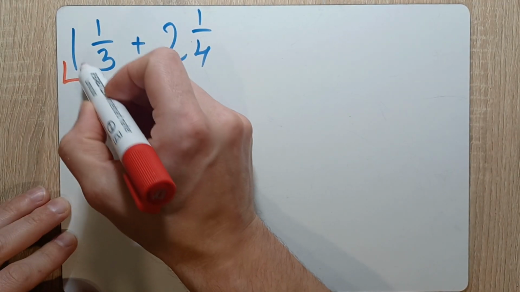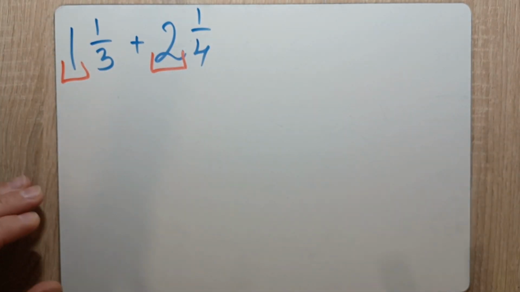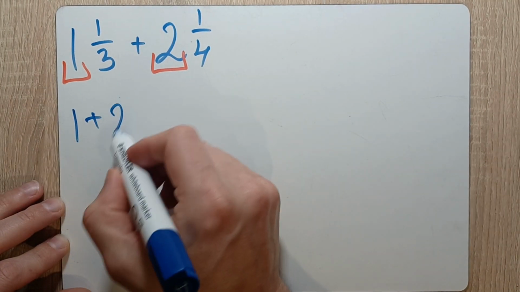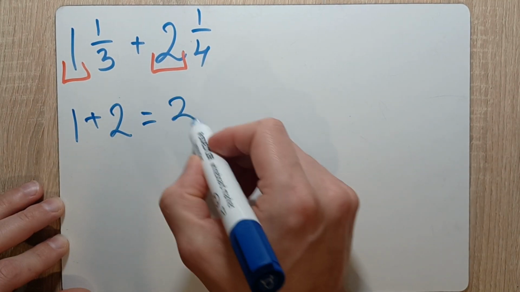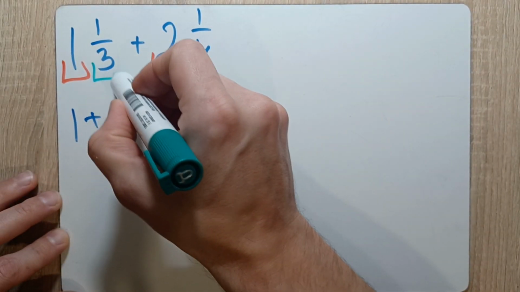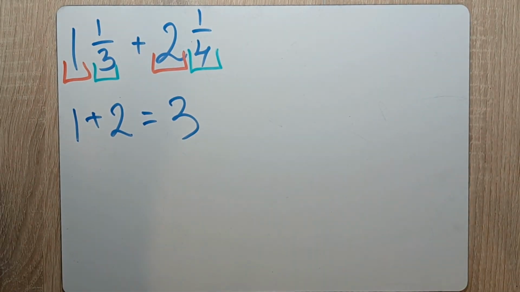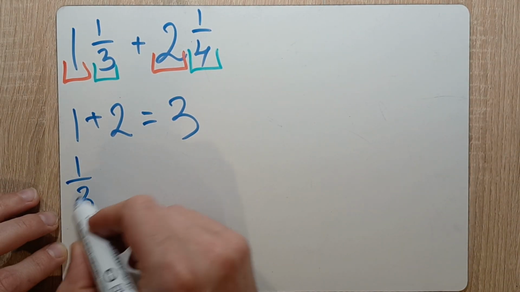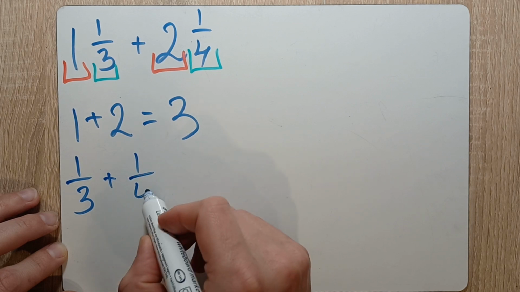Let's start with the whole numbers and just add them together. So let's do 1 plus 2, and this is 3. Now the second step is to focus on fractions. So let's do 1/3 plus 1/4.